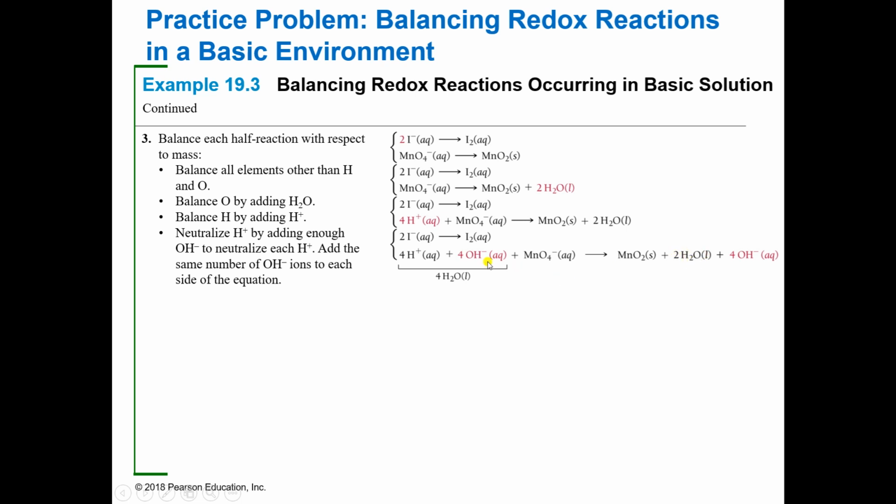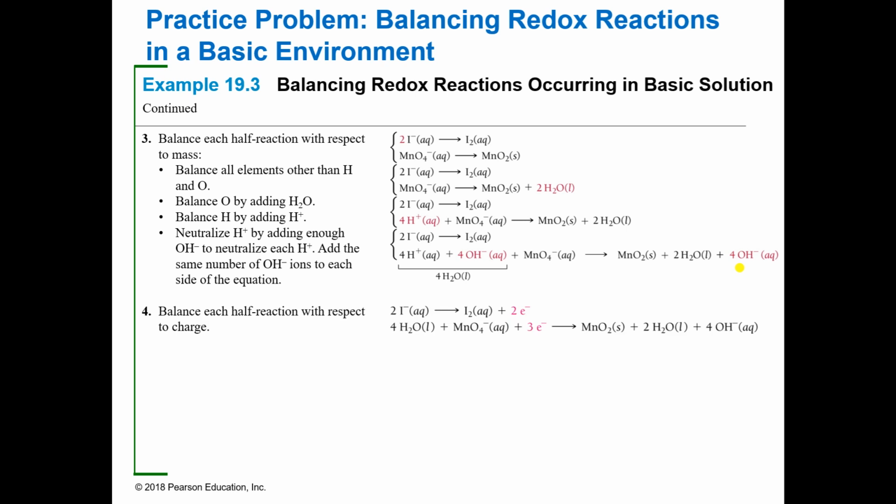So the hydroxide, because it's in a basic solution, allows this hydrogen ion to be neutralized. And then I'm adding the hydroxide to the other side to make it balanced and also to keep it basic. And remember, we're talking about a basic solution, so that hydroxide is already present.